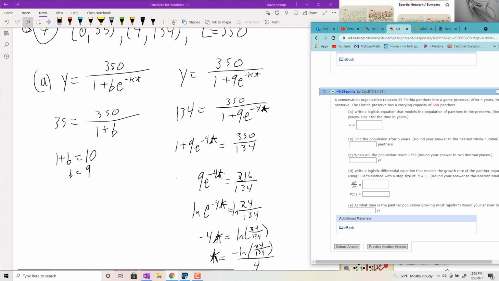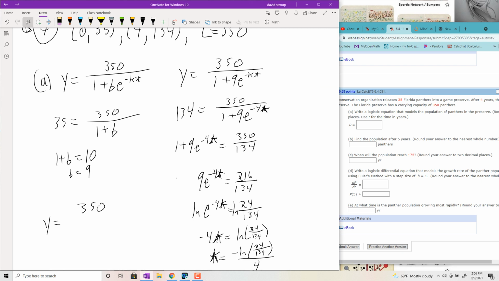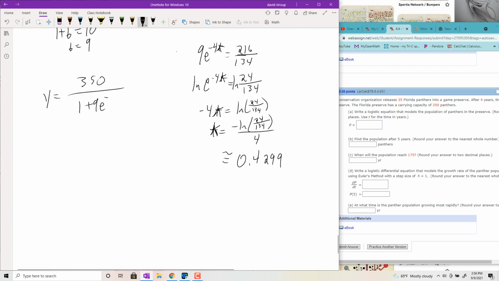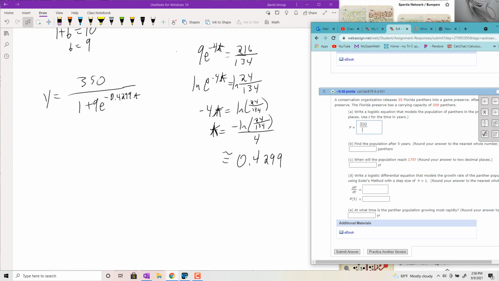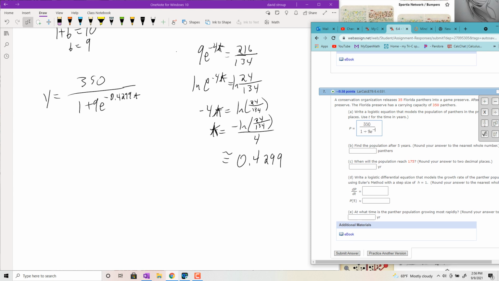So we get y equals 350 all over 1 plus 9e to the negative 0.4299t. Find the Panther population after 5 years, so you just plug 5 into that formula.